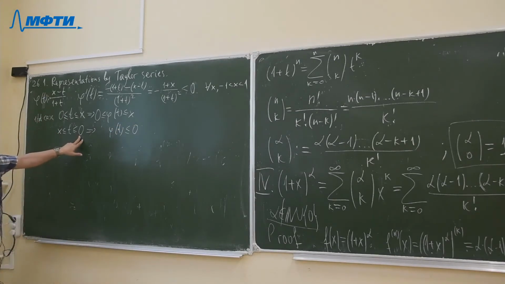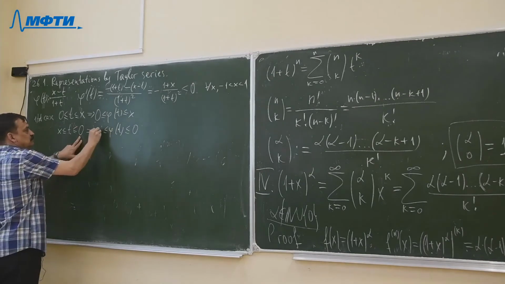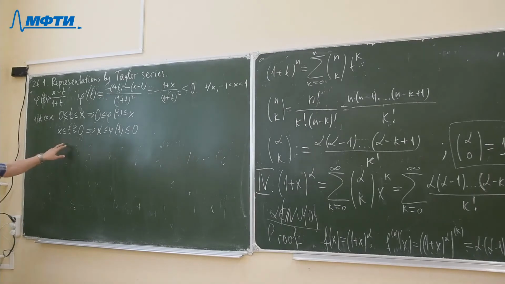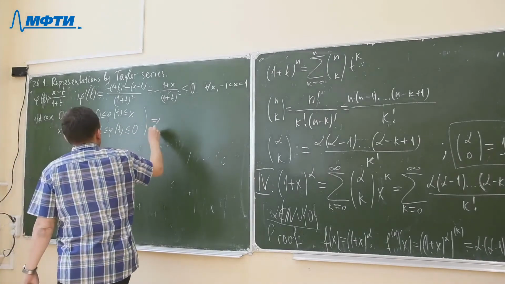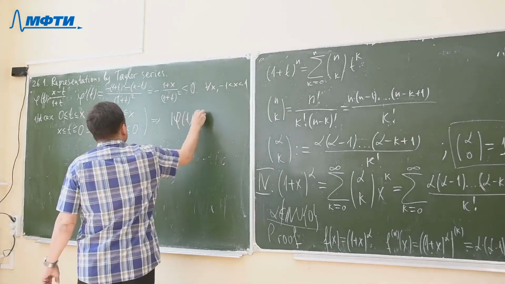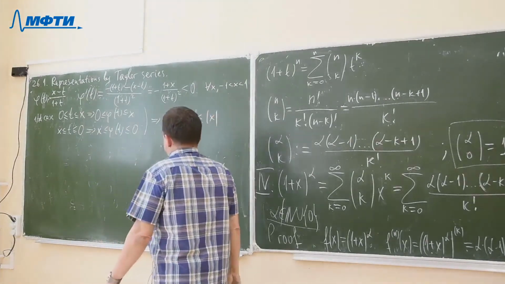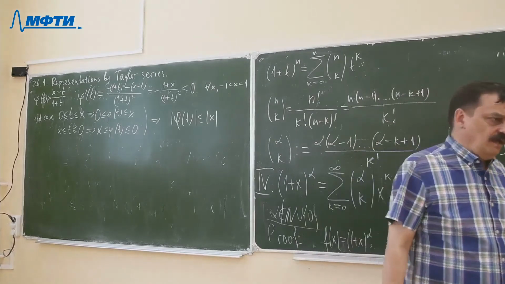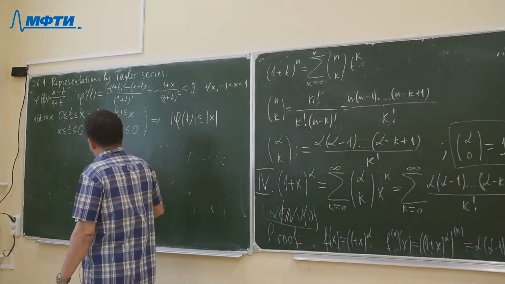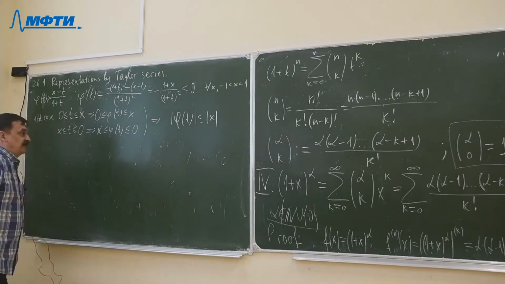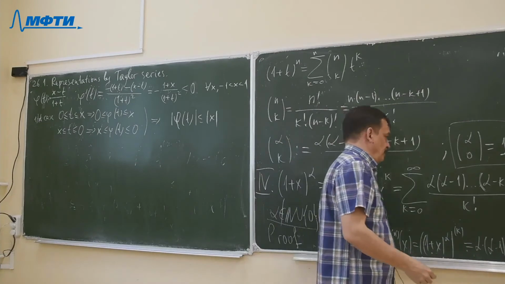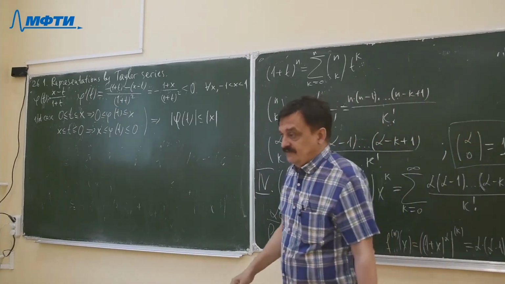At 0 it will be minimal. Remember, x is negative here, right? So in any case we have modulo phi of t less or equal modulo x, for arbitrary case when t is between 0 and x, doesn't matter which sign of x we have.